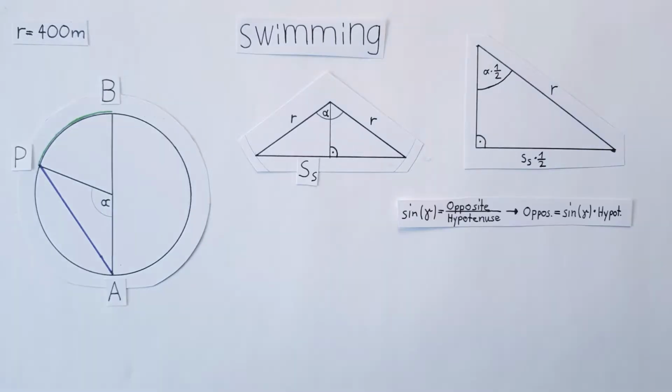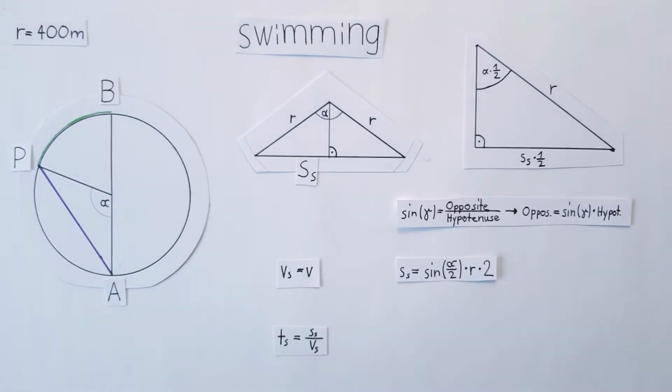We know the hypotenuse r and the angle alpha half. SS half is the opposite. Therefore SS equals sine of alpha half times r times 2. Otherwise we would only calculate SS half.